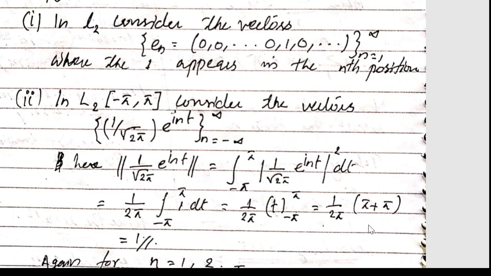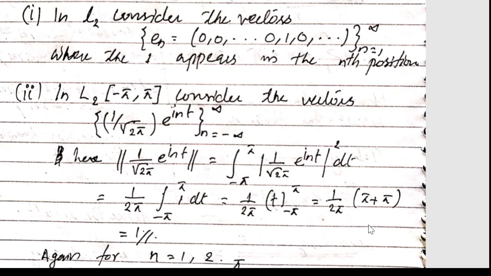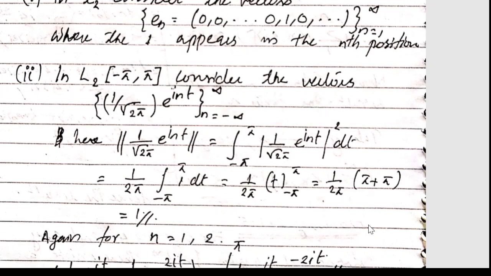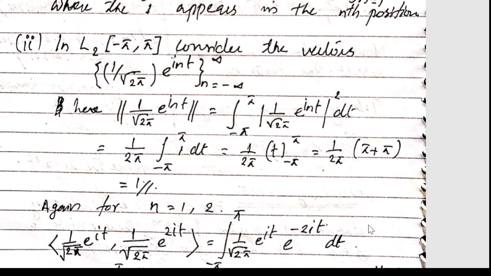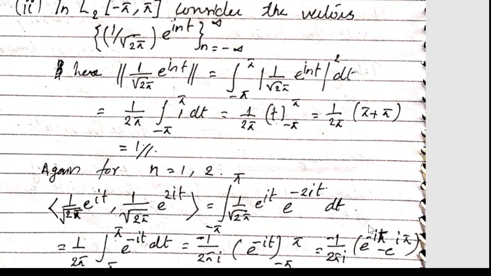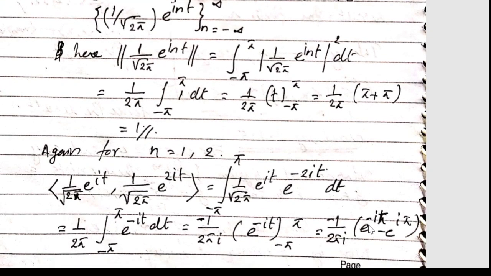Now for orthogonality, we want to prove that if you are taking any two members, their inner product is 0. So I'm taking 1 and 2. 1 and 2 is just for our verification only, and we will prove it for the general case. So 1 by root 2 pi e raised to it, and 1 by root 2 pi e raised to 2it.